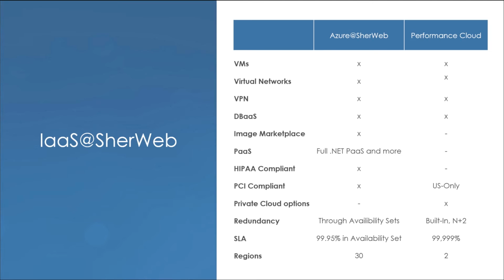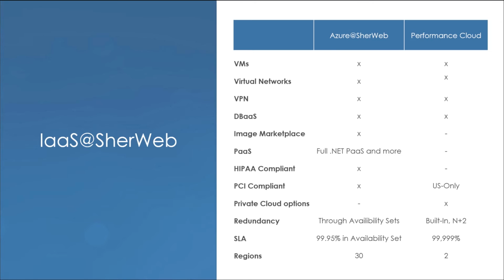And then SureWeb really offers a full suite of hosting, which means we can do private cloud, we can do hybrid clouds with physical servers, whatever you want, we can offer it. When it comes to redundancy, ours is built in. Azure offers it, absolutely, but through availability sets. Same for SLA, so 99.95 for Azure within an availability set, and 5 nines directly with the Performance Cloud, even if you have a single VM.